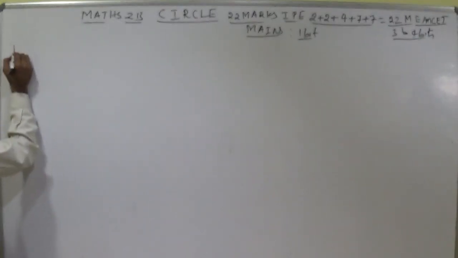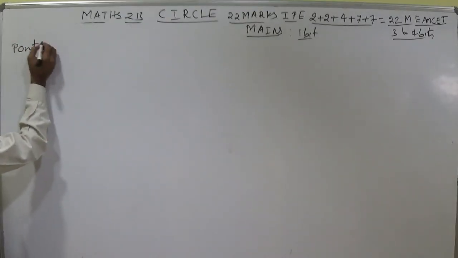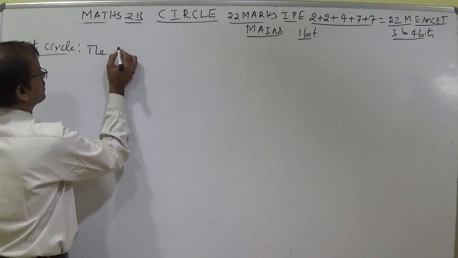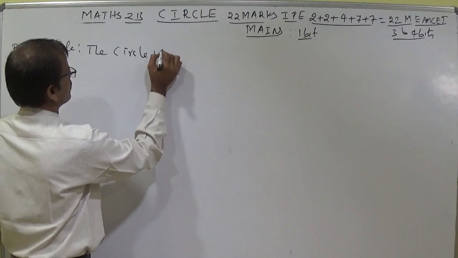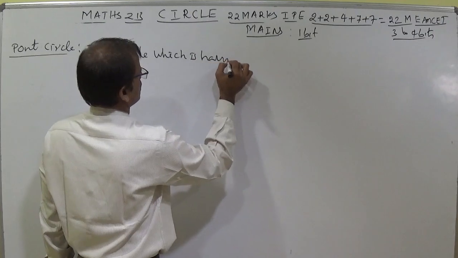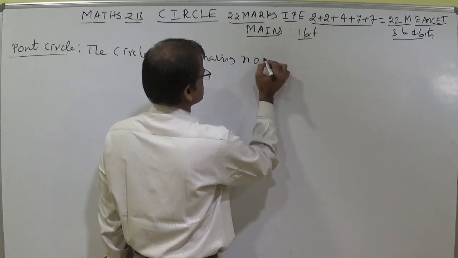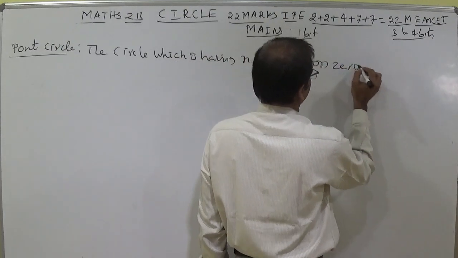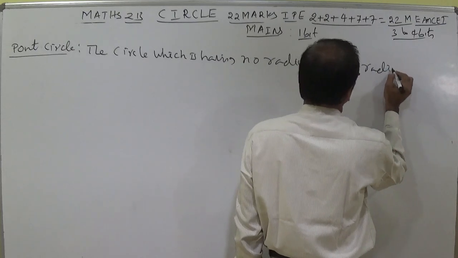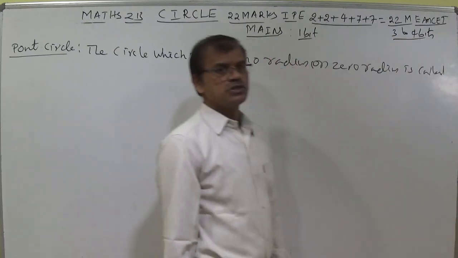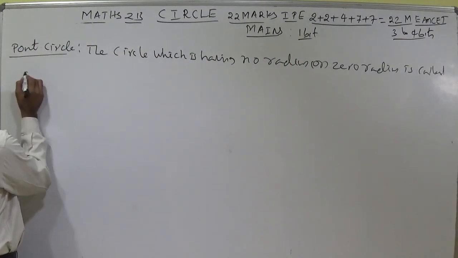Let us discuss the point circle definition. I am writing the definition like this. The circle which is having no radius or zero radius is called as a point circle.